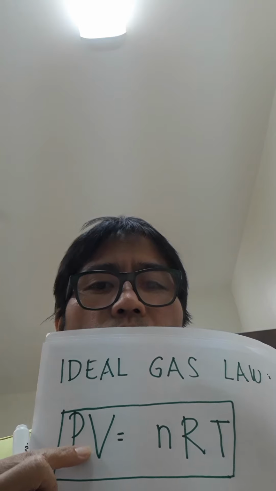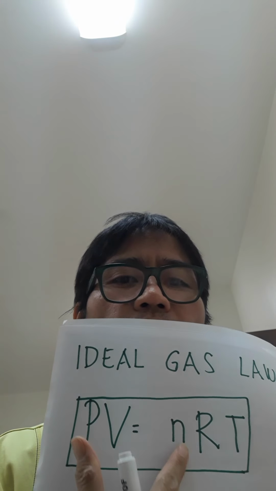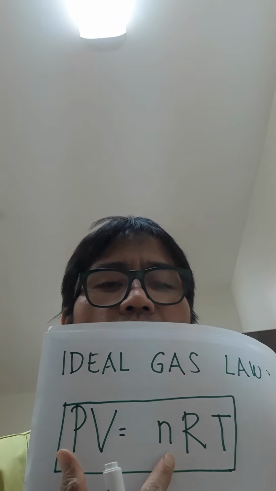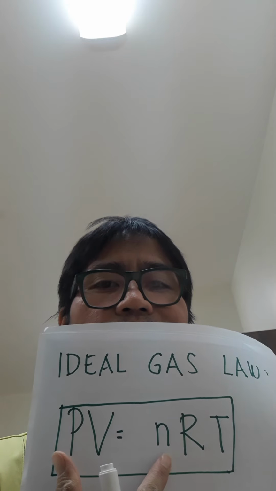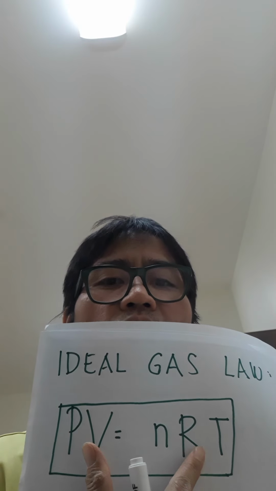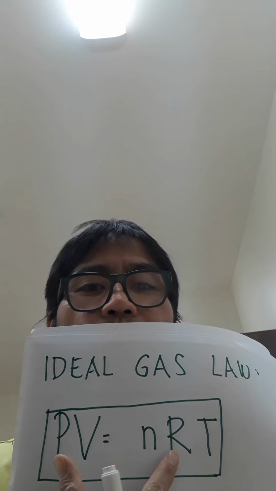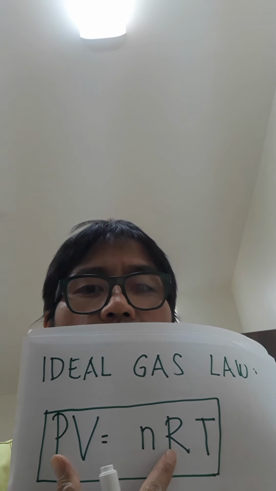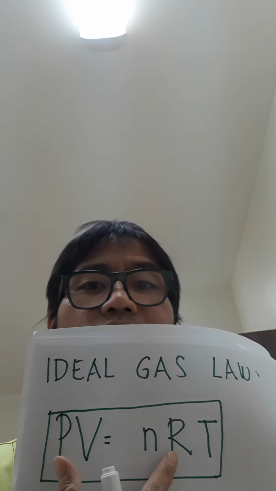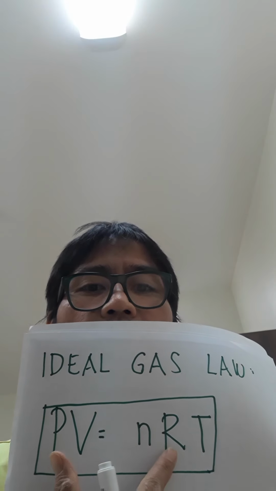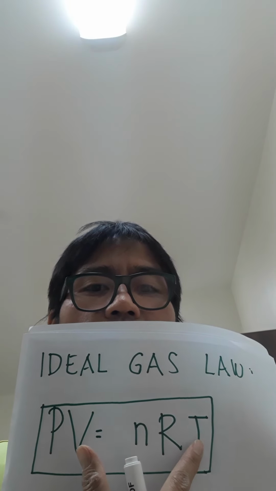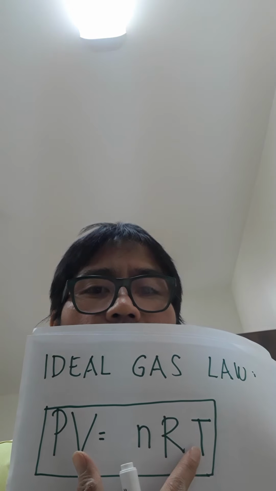V is the volume. n is the number of moles or the amount of substance of a gas. R is the ideal gas constant or the universal gas constant. And T is the temperature in Kelvin.